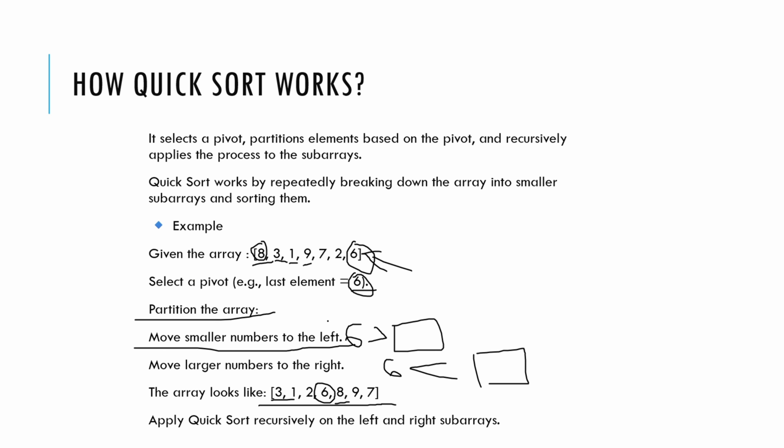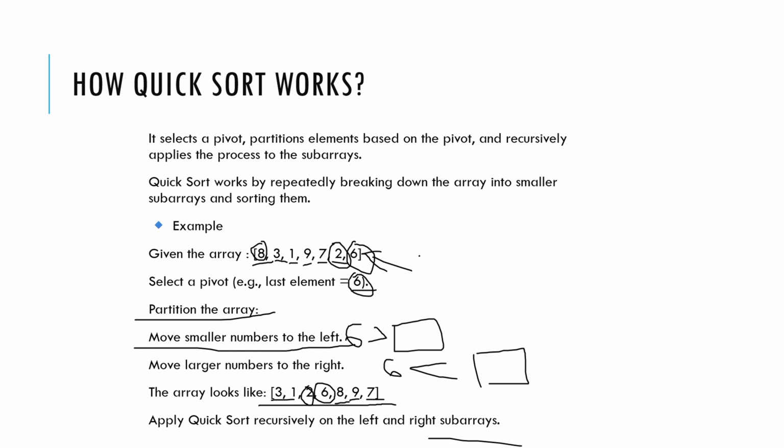Same for 1. And 9 is bigger than 6, so it moves to the right. 7 is the same. And the 2 is smaller than 6, so it moves to the left. Then we apply quick sort recursively on the left and the right subarrays.